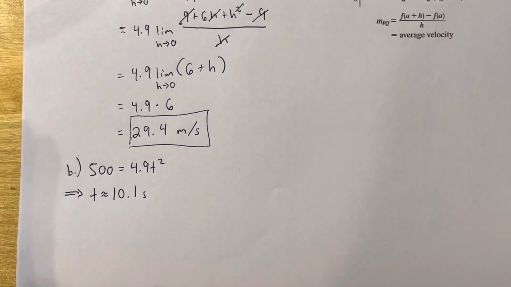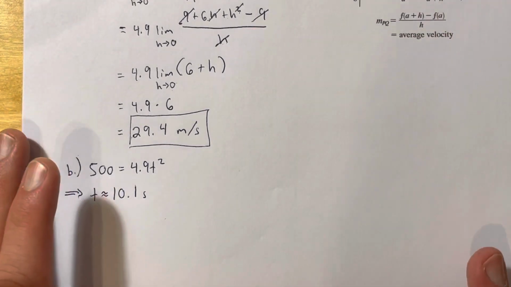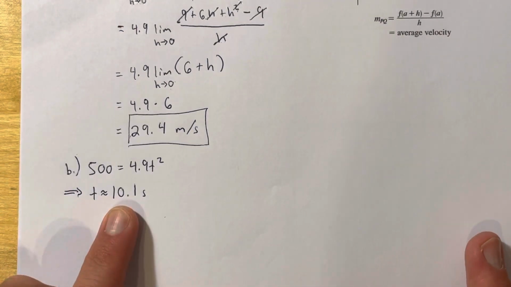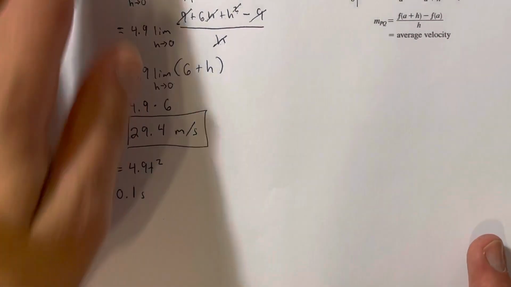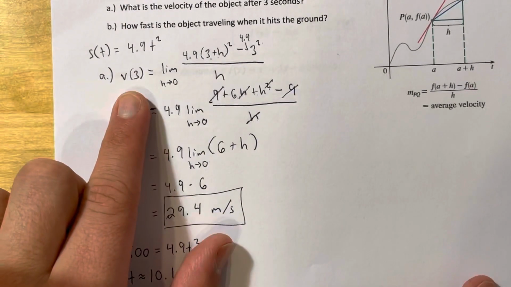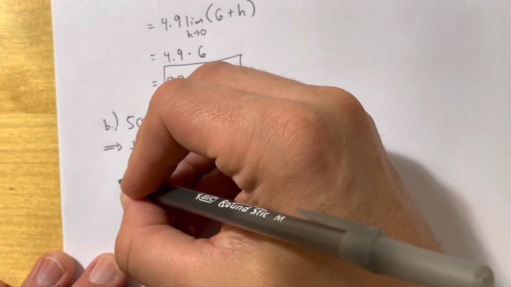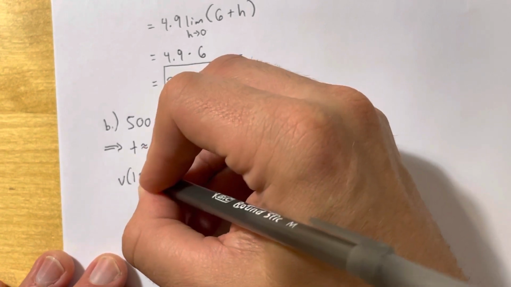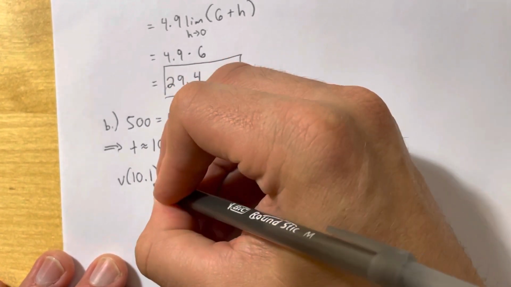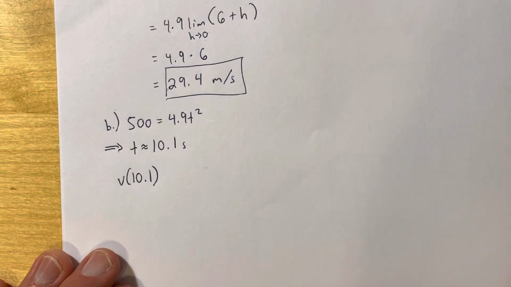Now, what do we need to do? Well, the next step would be to use this 10.1 in our velocity function. So now what I need to do is find the velocity at that time when this object is hitting the ground.